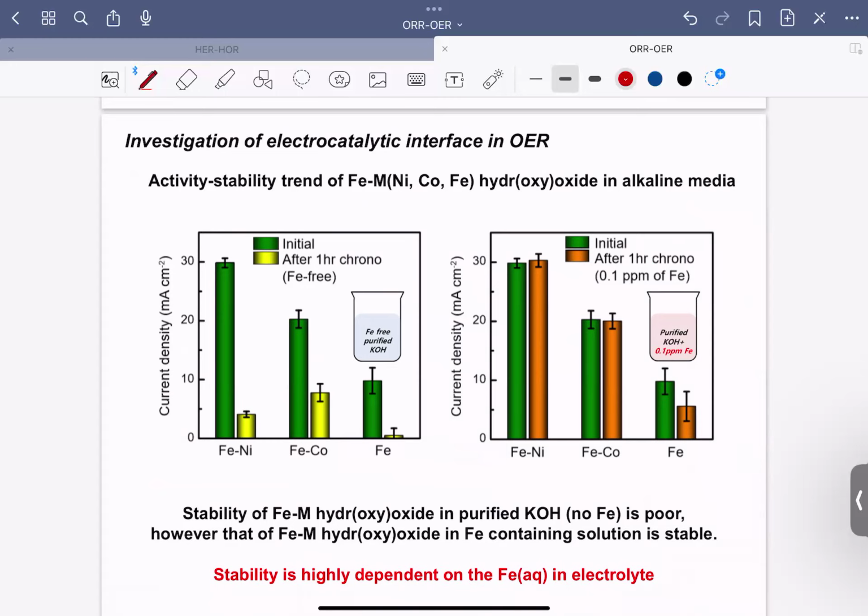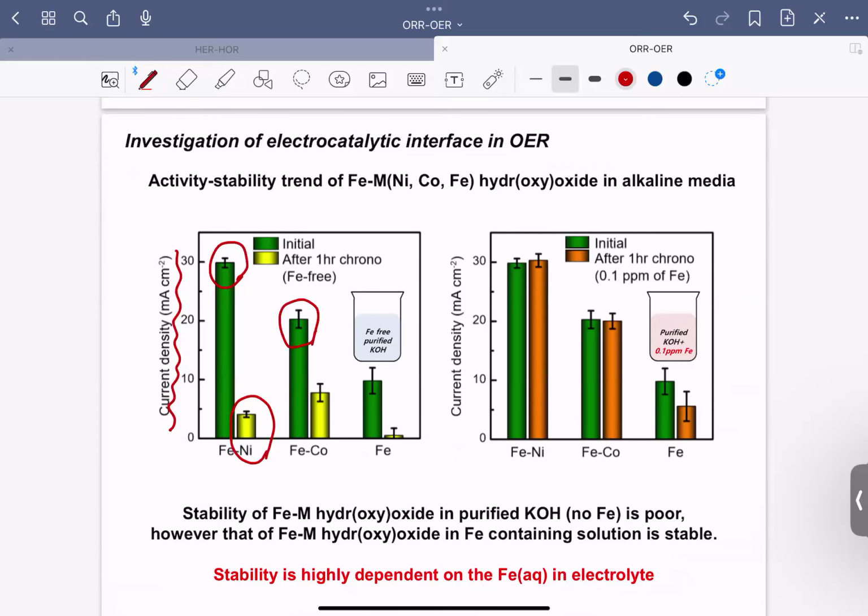I was really surprised that just 1 hour is enough to deteriorate all of the surface. For example, at the very beginning, iron nickel shows really high activity, this is the current density, and if we compare after 1 hour, the activity is gone, right? What about iron cobalt?